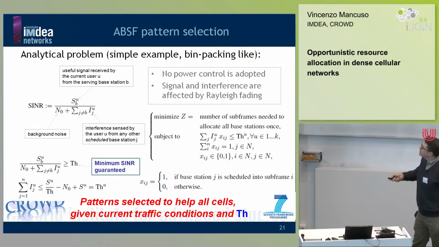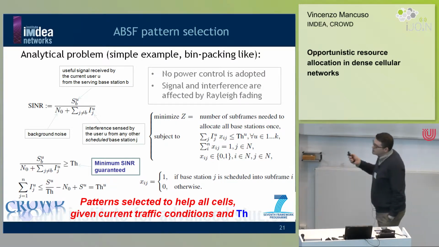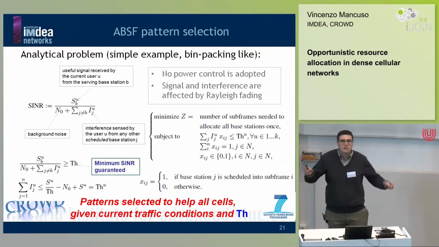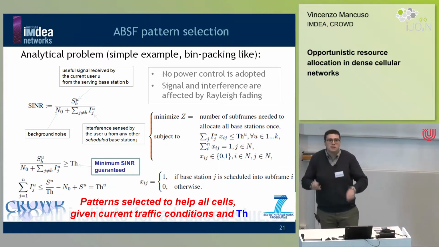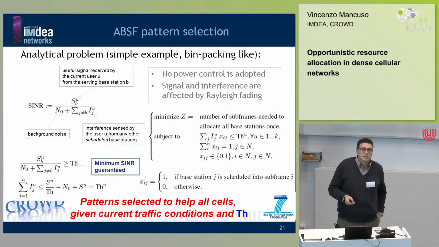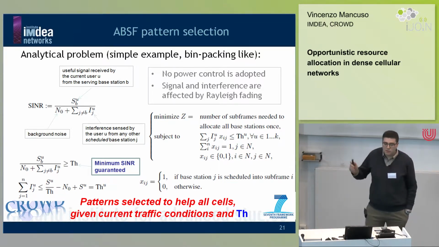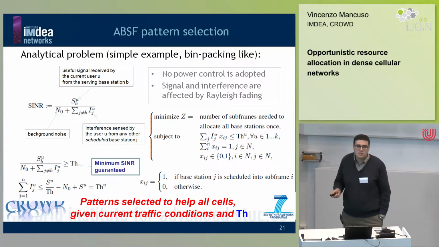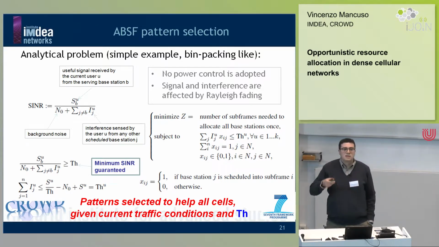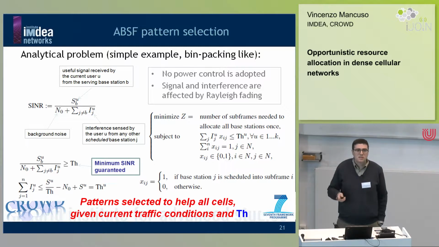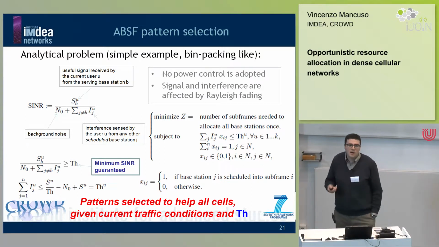So we start with a simple analytic problem that can be seen as a bin packing problem. You have a set of objects you have to put in different bins, and you have to minimize a function, or depending on how you formulate it, you can also do maximization. A bin represents a TTI, an interval in which you can transmit, and the items you can put in there are the base stations.